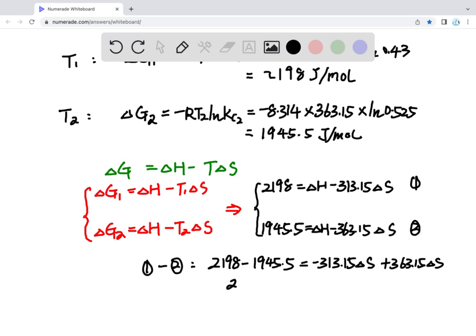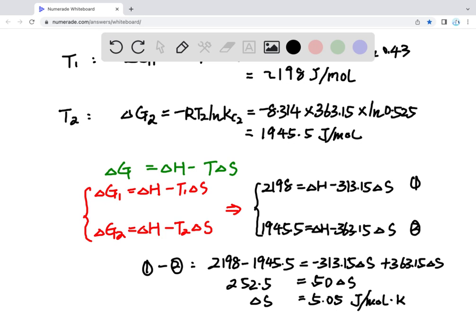So here's 252.5 equals about 50 delta S. So delta S here equals about 5.05 joule per mole per Kelvin.